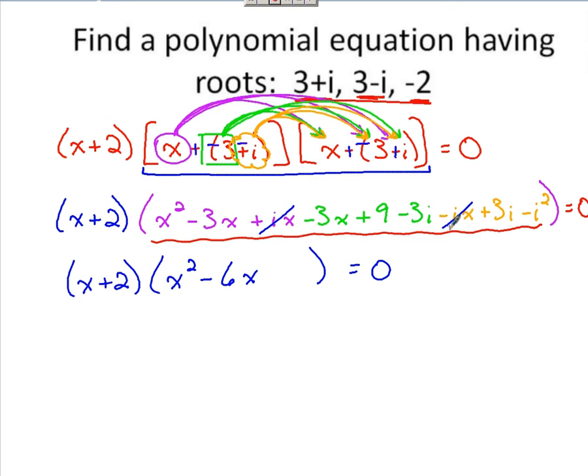Working my way through the rest of this, I notice there's a -3i and a +3i, which cancel themselves out, leaving me with a constant value of 9 that I have not yet considered, and this -i squared. Well, with what I remember about i squared, I remember i squared is equal to -1. So I'd be subtracting -1 here, meaning I'd be adding 1 on. So if I take my constant of 9 and 1 here, put those together, plus 10 results.